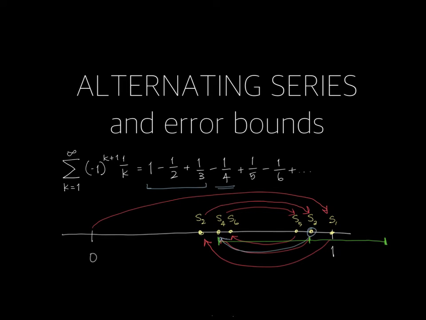When you're at S4, if you used 4 terms, so say you used this many terms, that means that you would say this is an approximation of the entire series. Your question is, what's the error bound now?